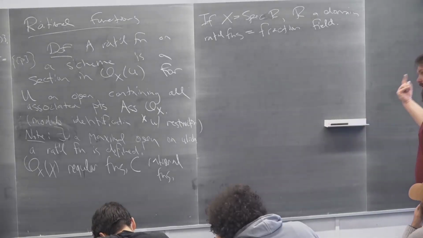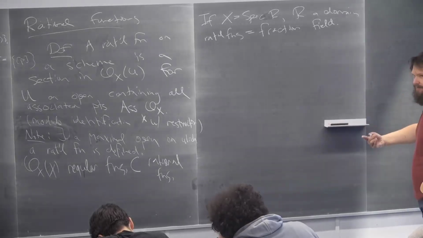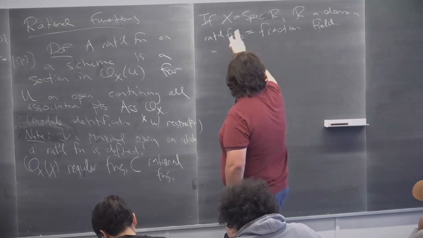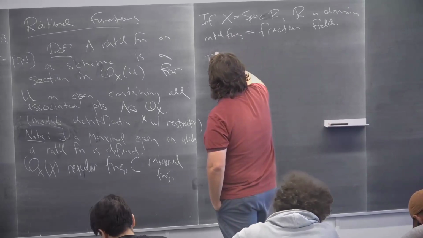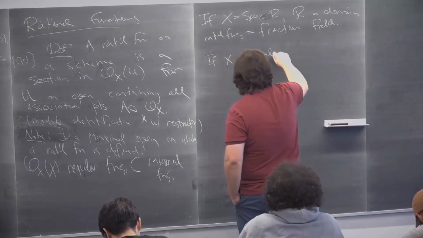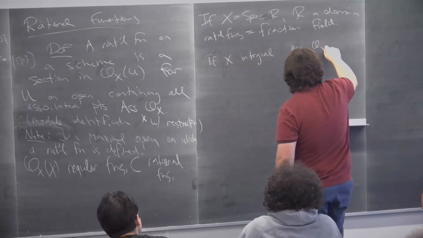And there's only one associated prime, which is the generic point. So any non-empty open contains that associated prime. So more generally, if X is integral, there's only one associated point.